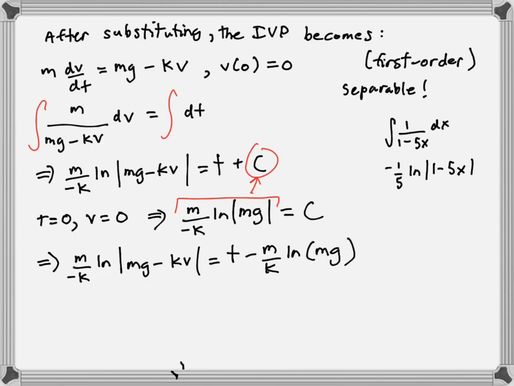Notice I don't need the absolute value around mg, because mass is positive and g is positive, so there is no chance of it being negative. So I drop the absolute value.